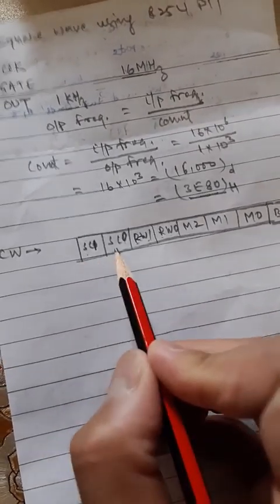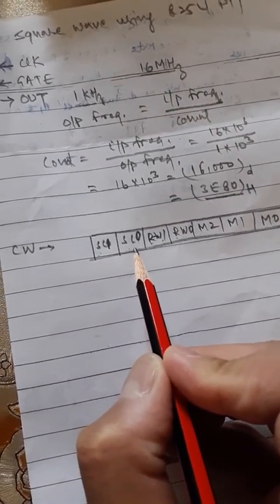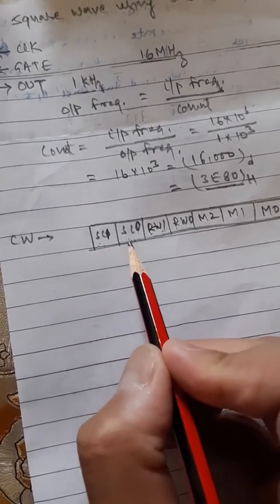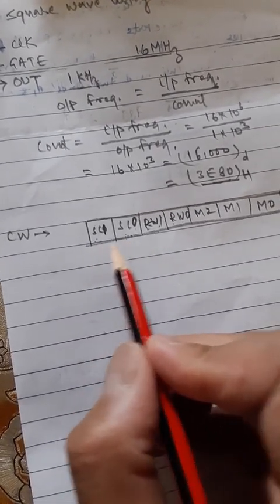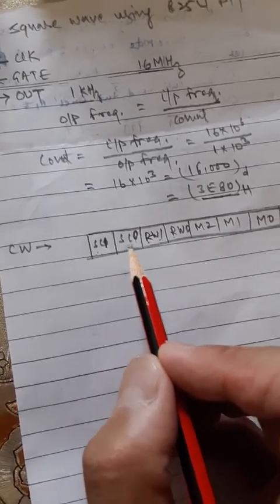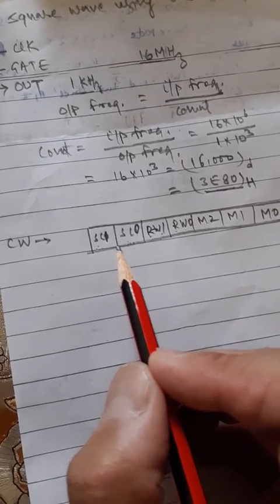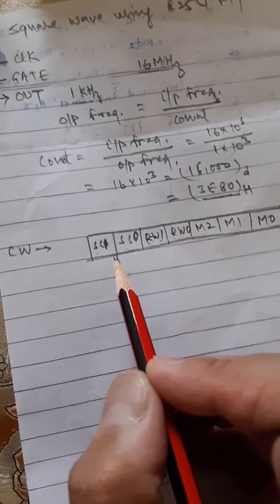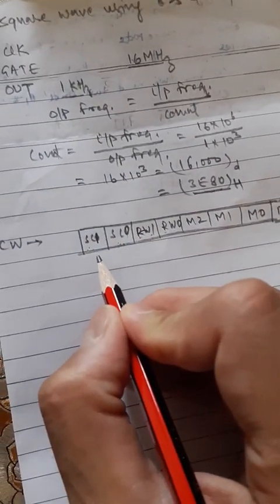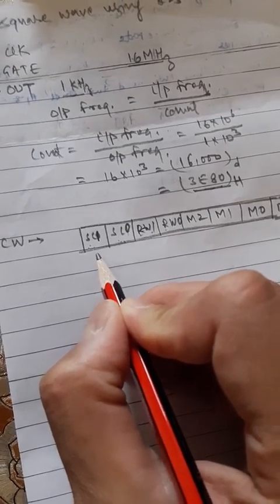So how is this command word formed? First these two bits decide which counter is to be used. For 0 0 counter 0 will be used, 0 1 counter 1, and for 1 0 counter 2. If it is specified in the question, then you use accordingly, otherwise you can choose any of the counters. Here I use counter 1 for generating the square wave of 1 kilohertz, so I put 0 1.